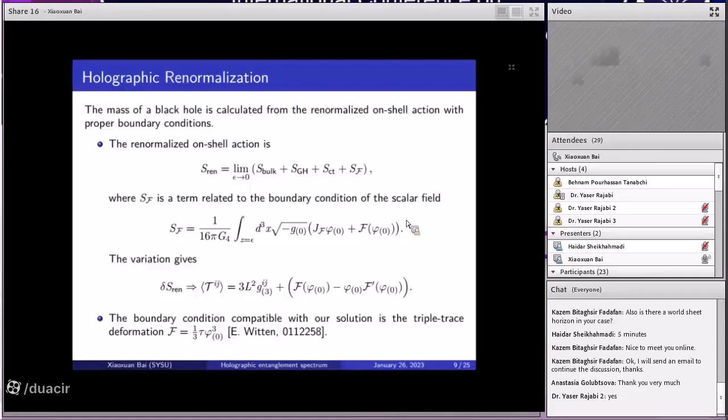The boundary condition of the scalar field will lead to an additional term in the action. Then the variation of the action gives the energy-momentum tensor, combined with the boundary condition we impose, which corresponds to the triple trace deformation in the dual CFT. We can obtain the holographic mass.